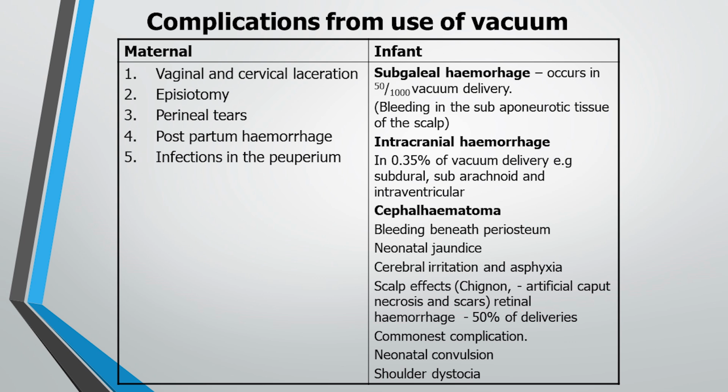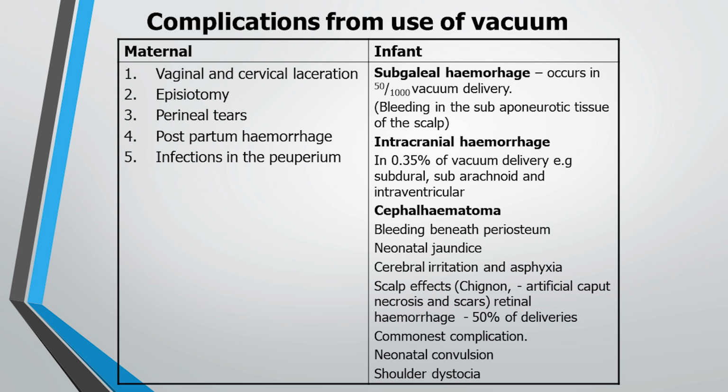And you can have injury to the eyes. You can have neonatal jaundice post the procedure. You can have cerebral irritation and asphyxia, and you can have neonatal convulsion and shoulder dystocia.